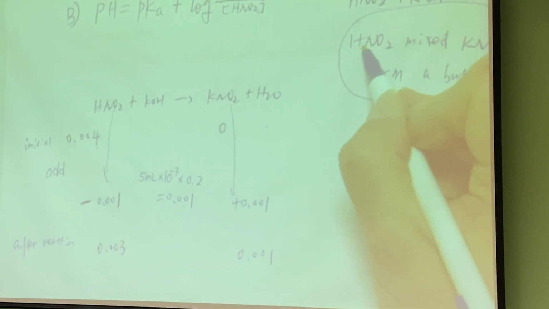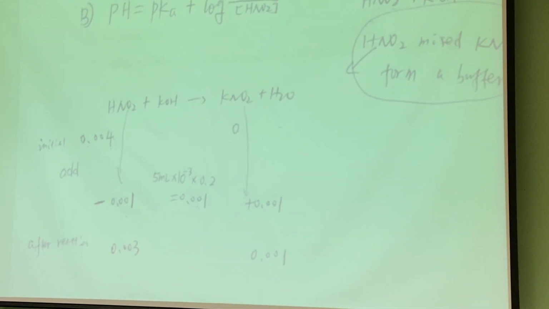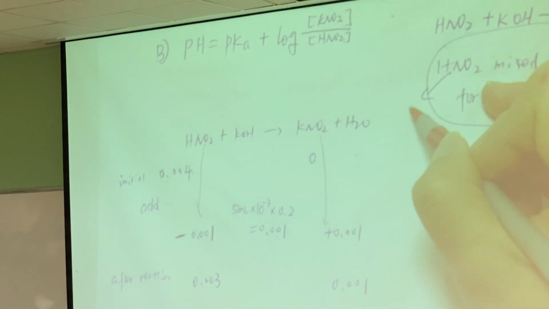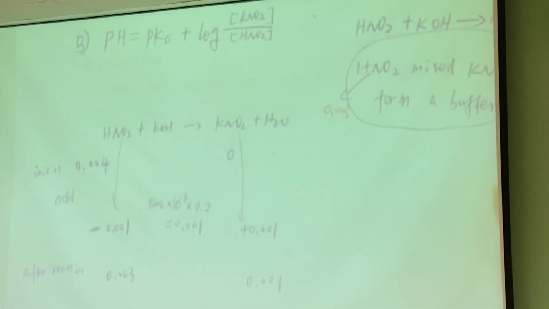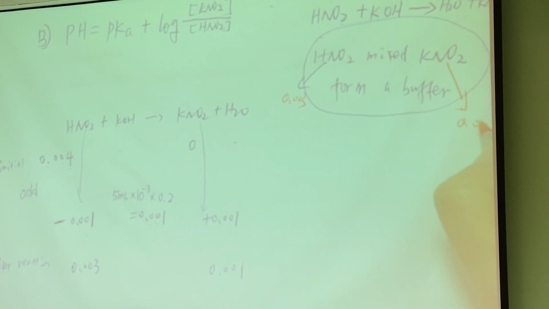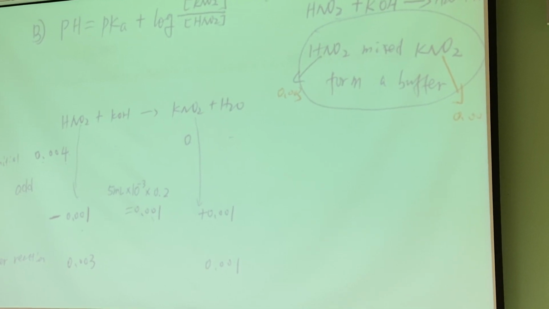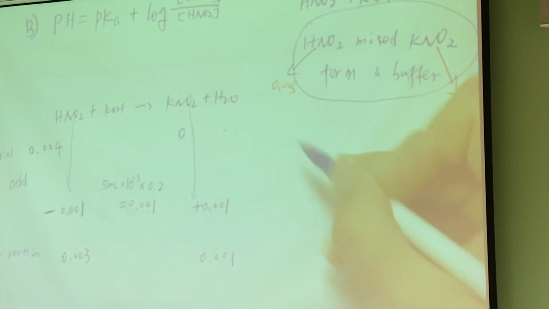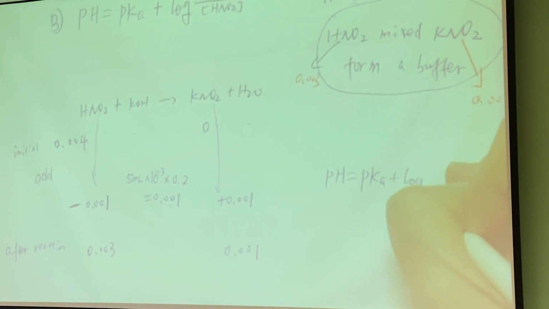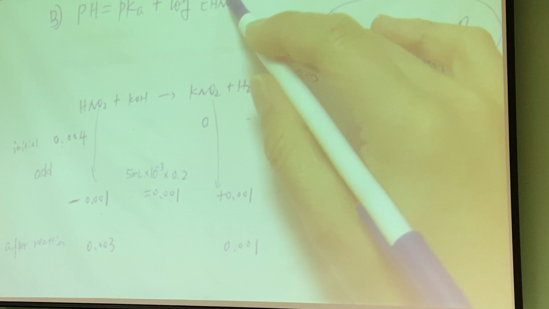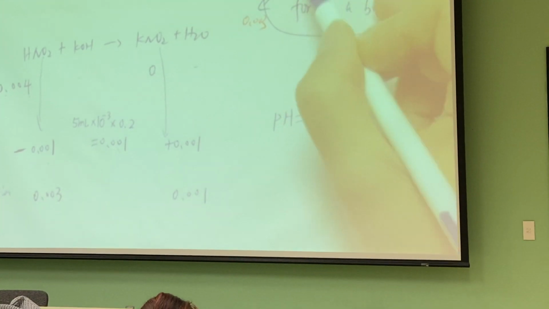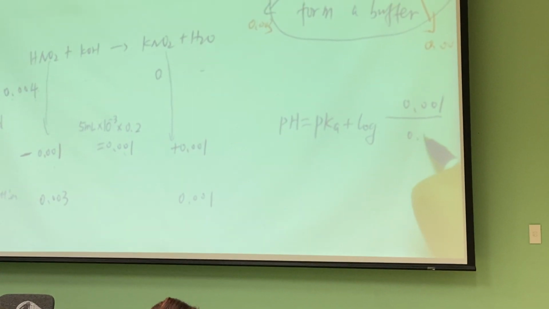And now after reaction, the leftovers of this acid with the newly formed conjugate base, these two will form a buffer, right? So then your pH equals pKa plus log concentration of your conjugate base, 0.001, and the concentration of your acid, 0.003.